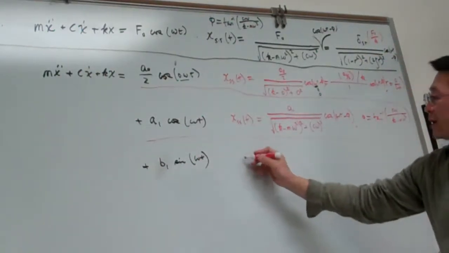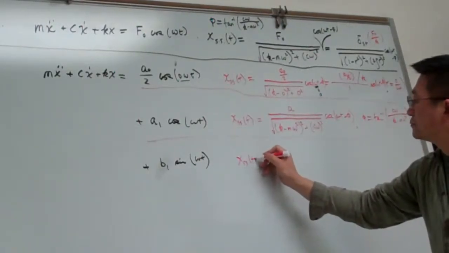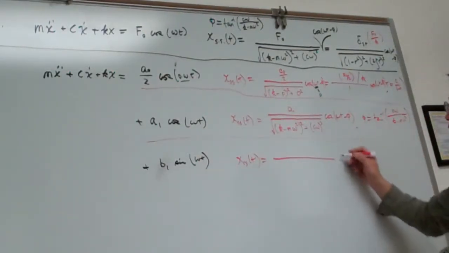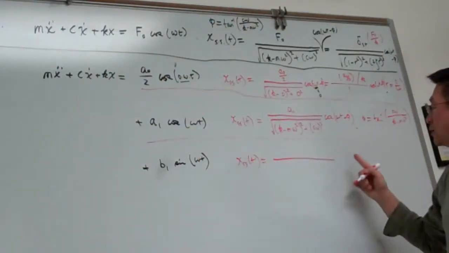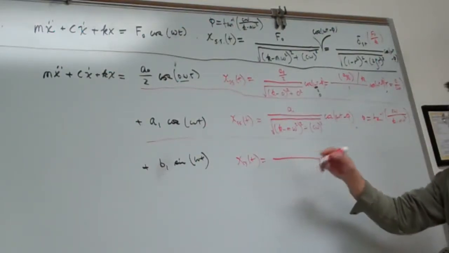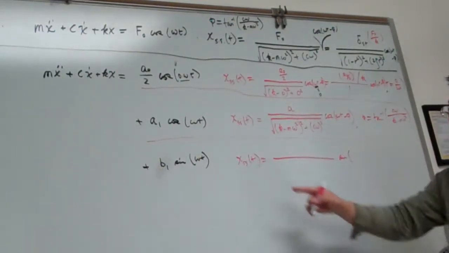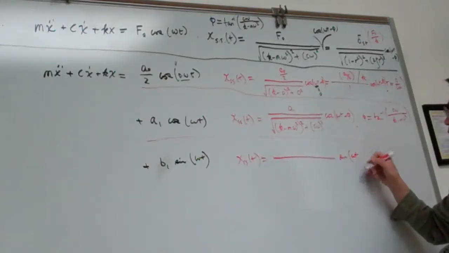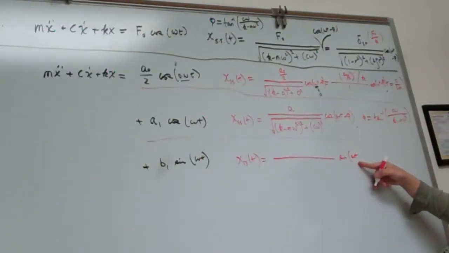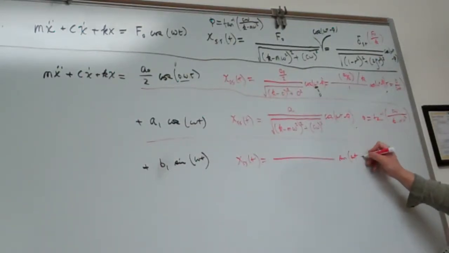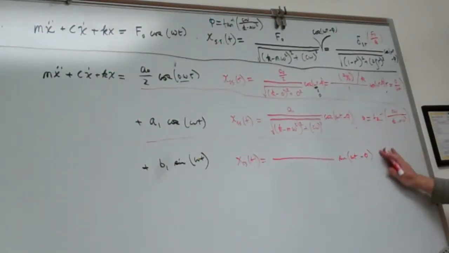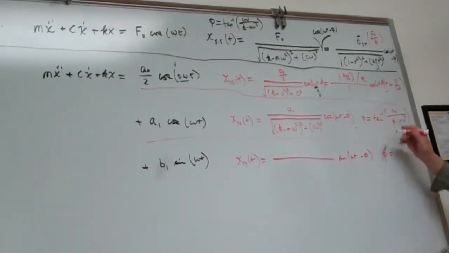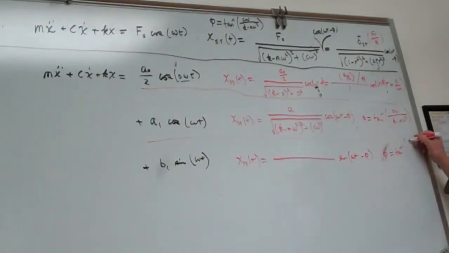Now for sine, x steady state equals, again, sine. This is our frequency, the harmonic function, so the steady state must follow the same pattern, sine of omega t, a harmonic function but with a certain phase angle delay. The phi is the same pattern: arctangent of c omega over k minus m omega squared.